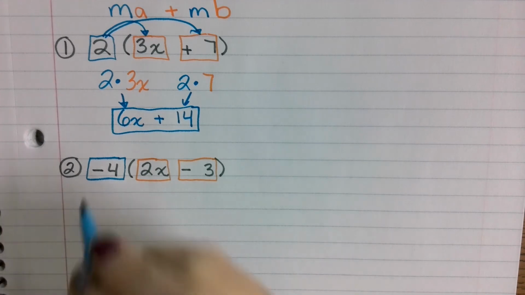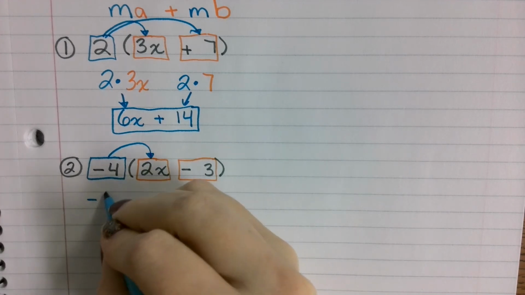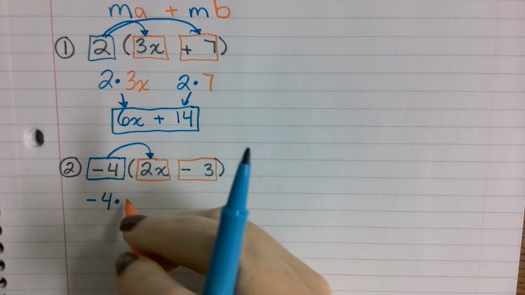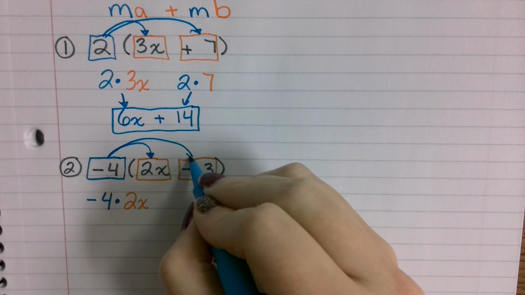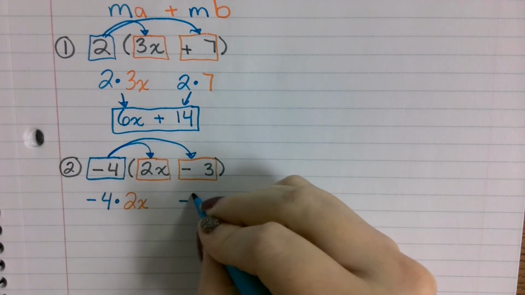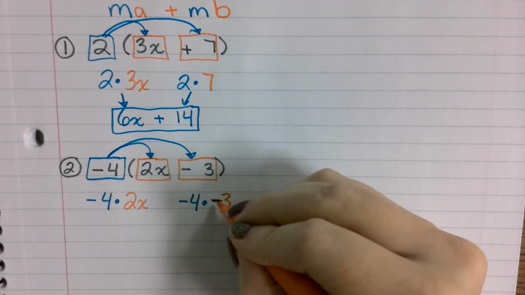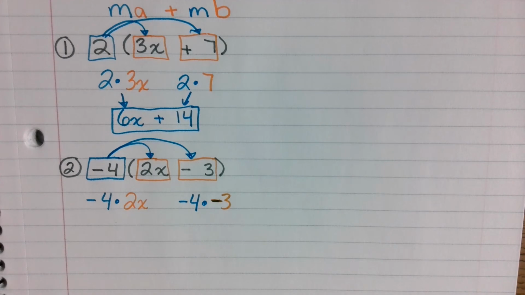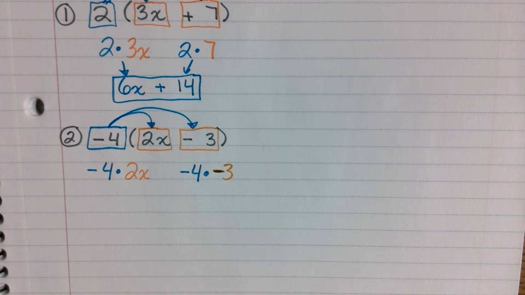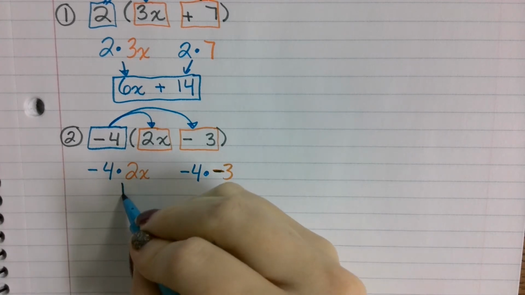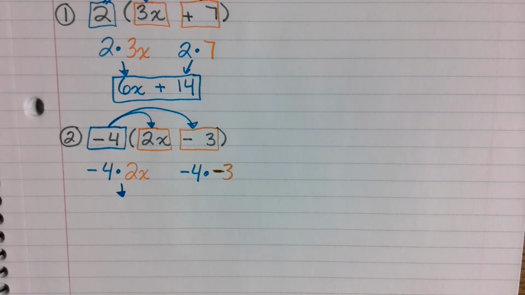So we're going to multiply negative 4 times 2x and then a negative 4 times negative 3. Okay, let's start with negative 4 times 2x. What is negative 4 times 2x going to give us? Say it. Negative 8x.